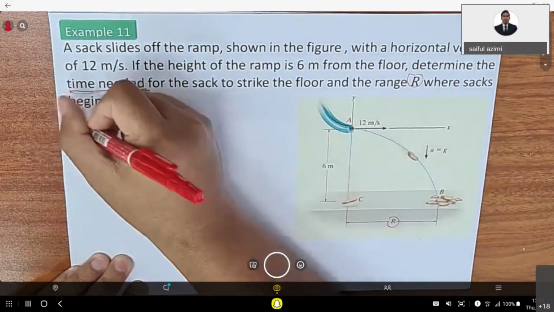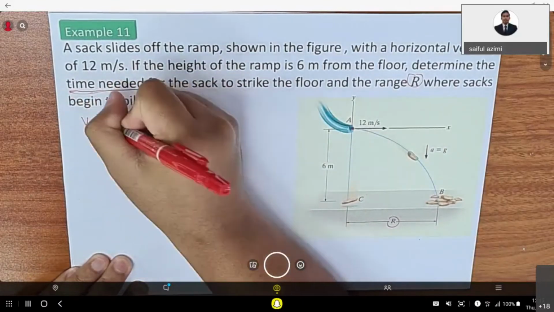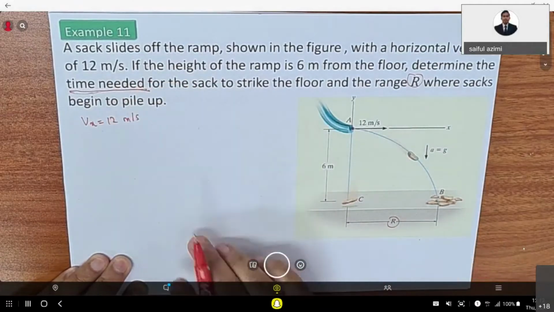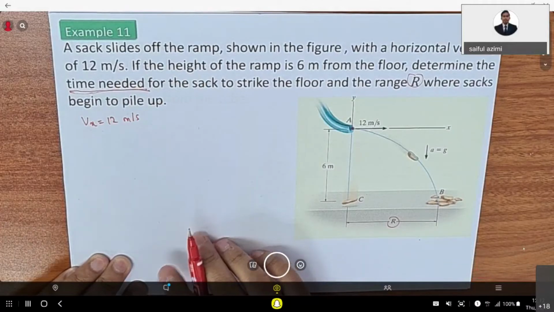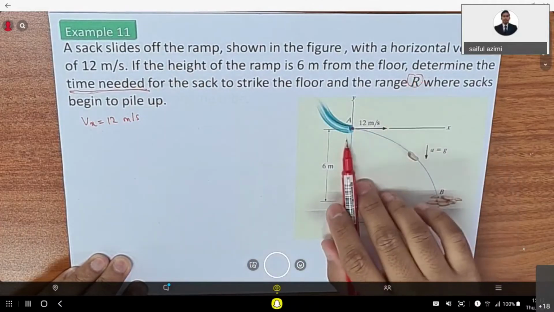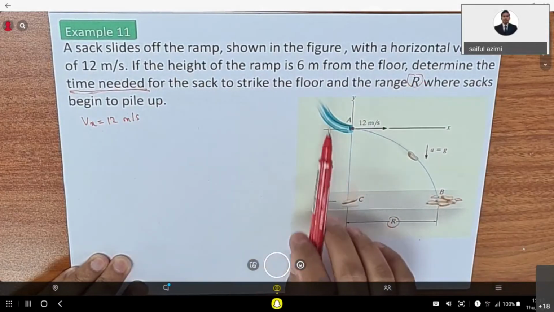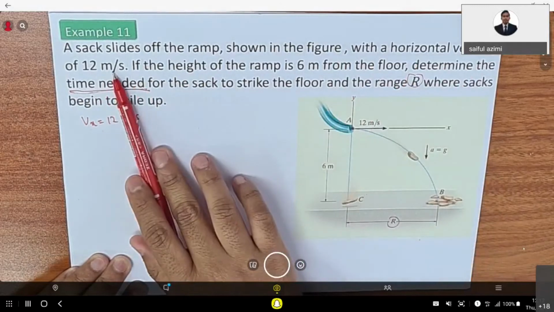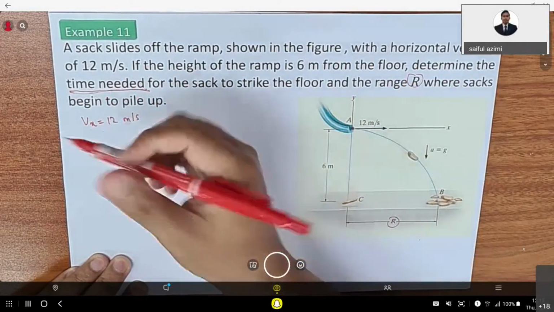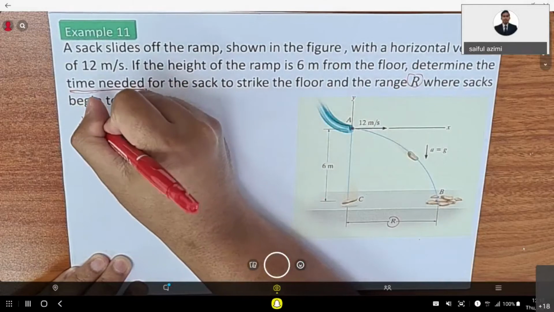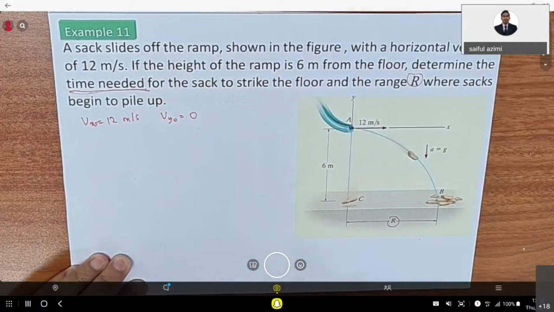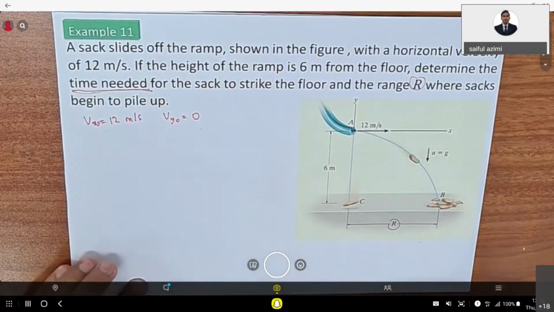So we have Vx equals 12 meters per second, which is constant. It shows here a horizontal velocity of 12 meters per second, so the initial Vyo equals 0, because it only moves with horizontal velocity.